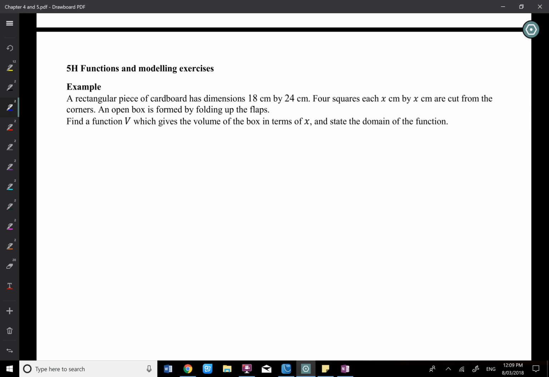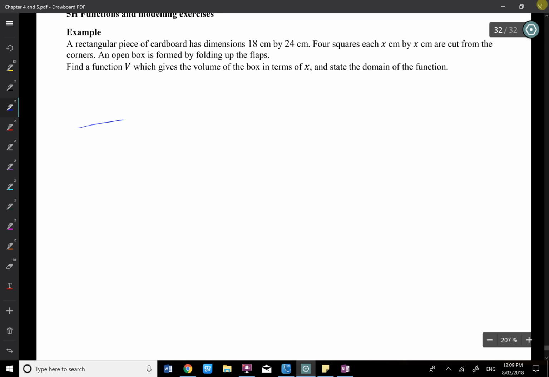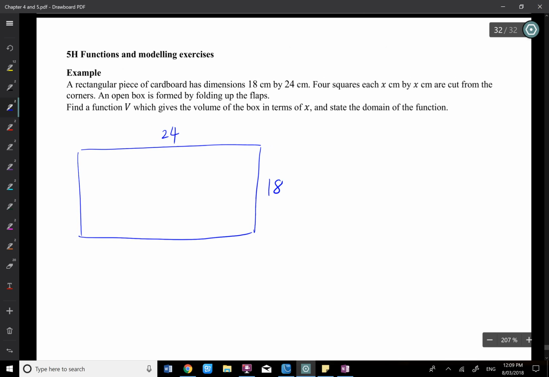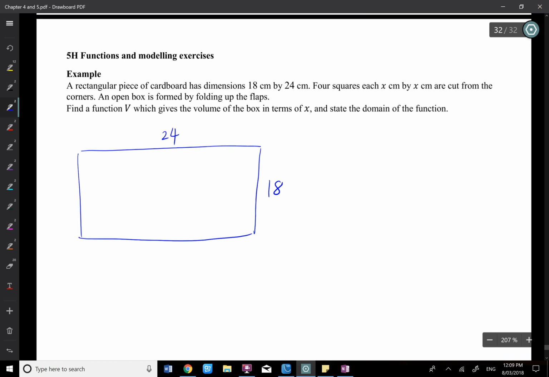Okay, a piece of rectangular cardboard has dimensions of 18 times 24. Well, that's very quick. This question is easy. 4 squares, each x by x centimeters, are cut from the corners.